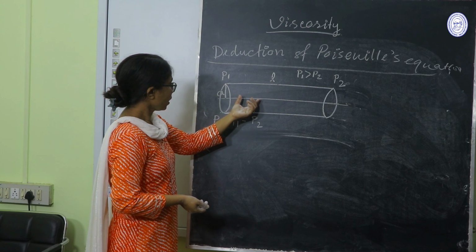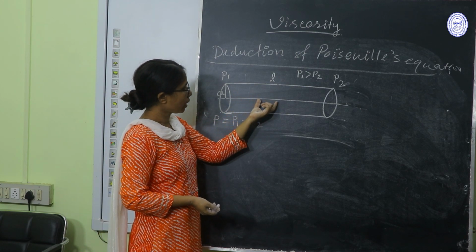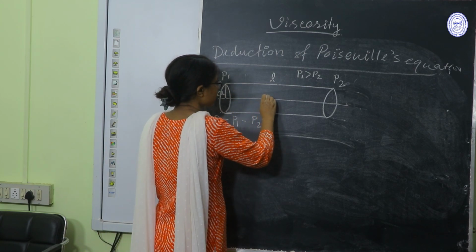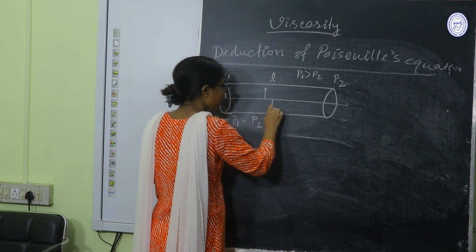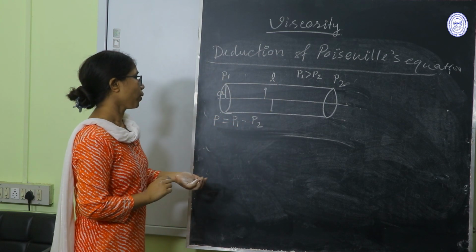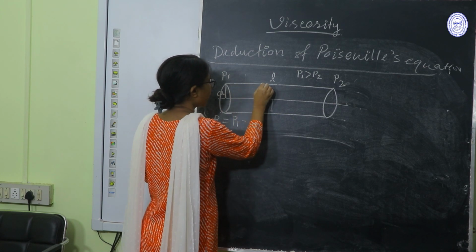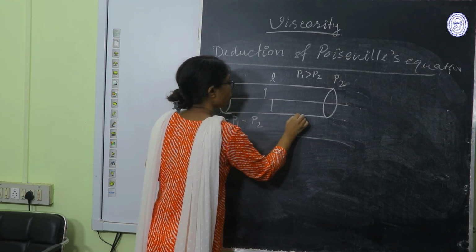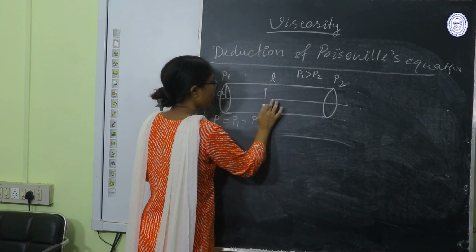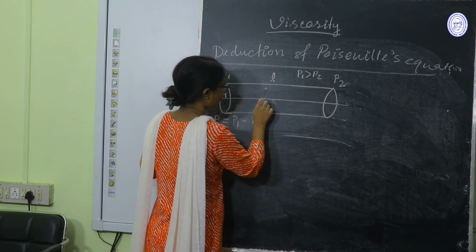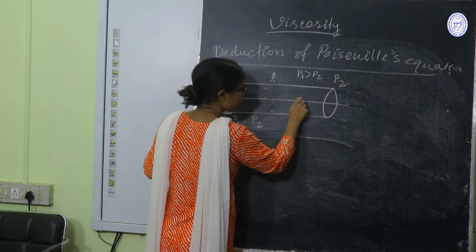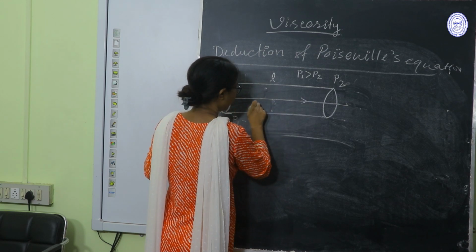Now, the velocity along this axis is maximum, and if we go from this side to this side, the velocity decreases and reaches 0 at the wall of the tube. So, the velocity profile is like that, maximum velocity along the axis.